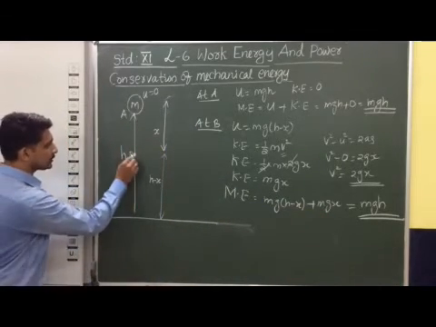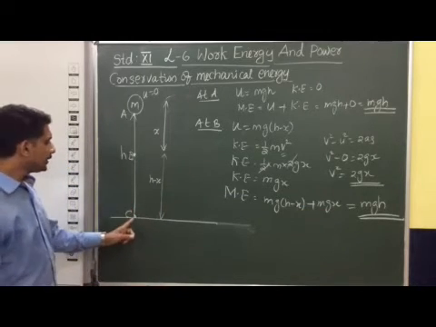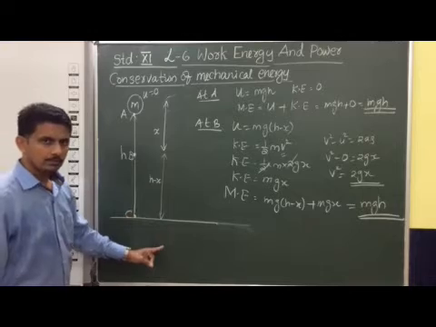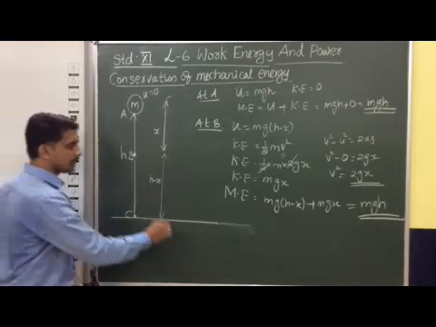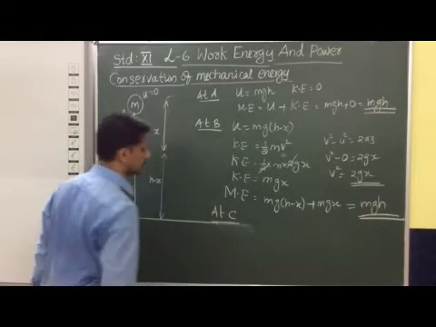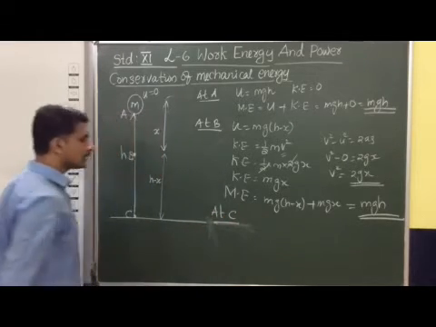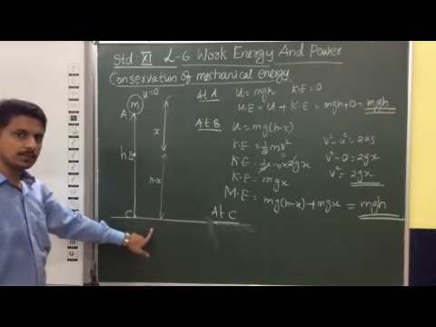Now we consider one more situation at this point C. What is the total energy possessed by this system at point C? What is the potential energy possessed by this object?